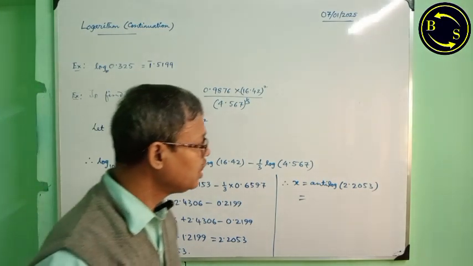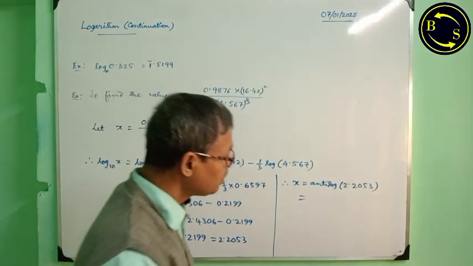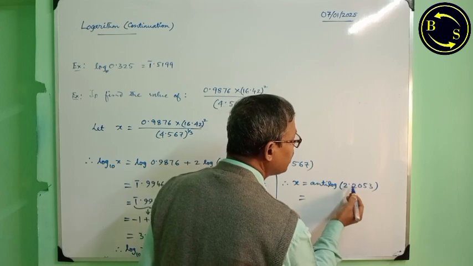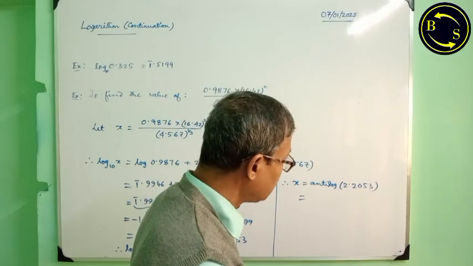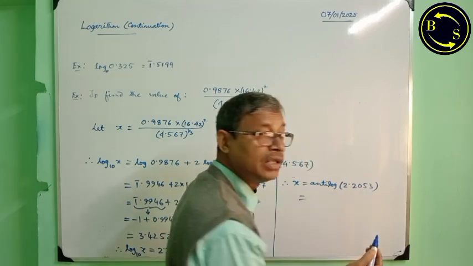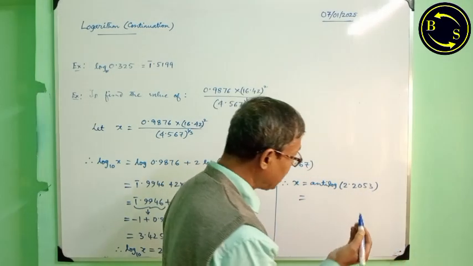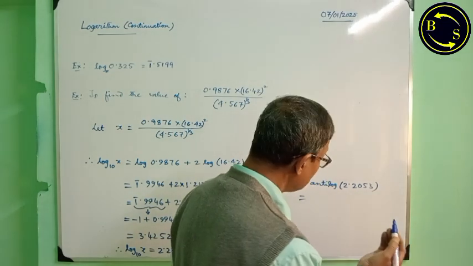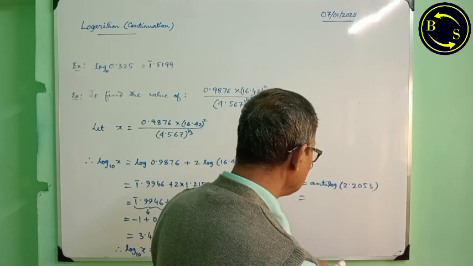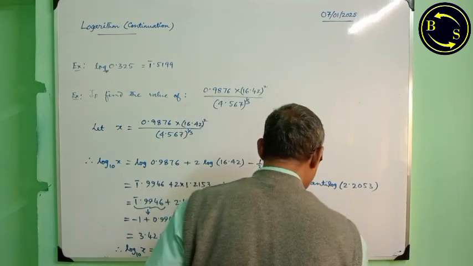Now from the antilog table we have to start with the row headed by 0.20, and after that column 5, and from the mean difference of 3 we finally get the value 1604.